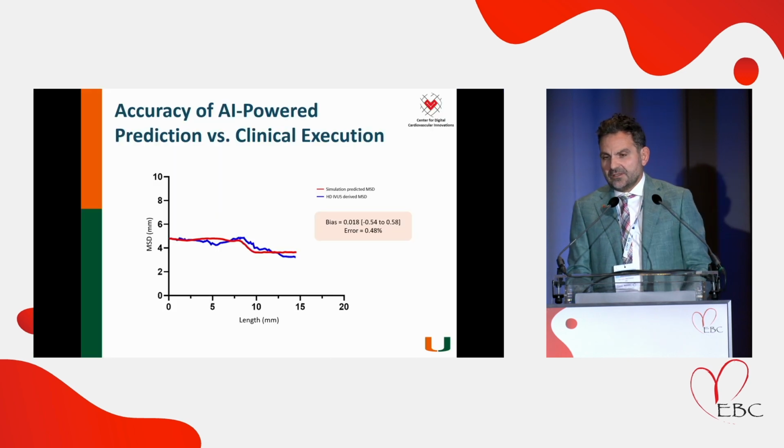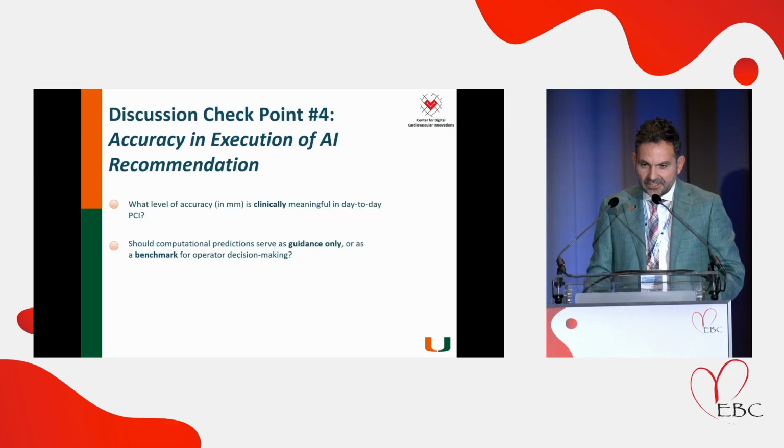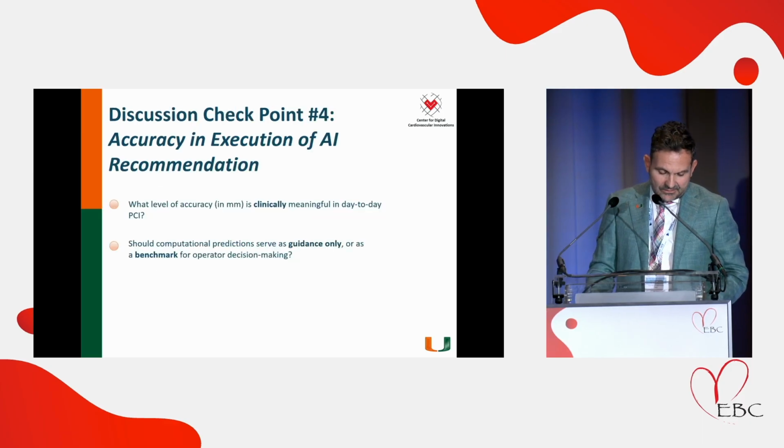So the clinical execution is pretty close to the prediction. So the question I would like to ask Ilias is, do you feel that this sub-millimeter accuracy, in the range of less than a quarter of a millimeter, is clinically acceptable and meaningful?